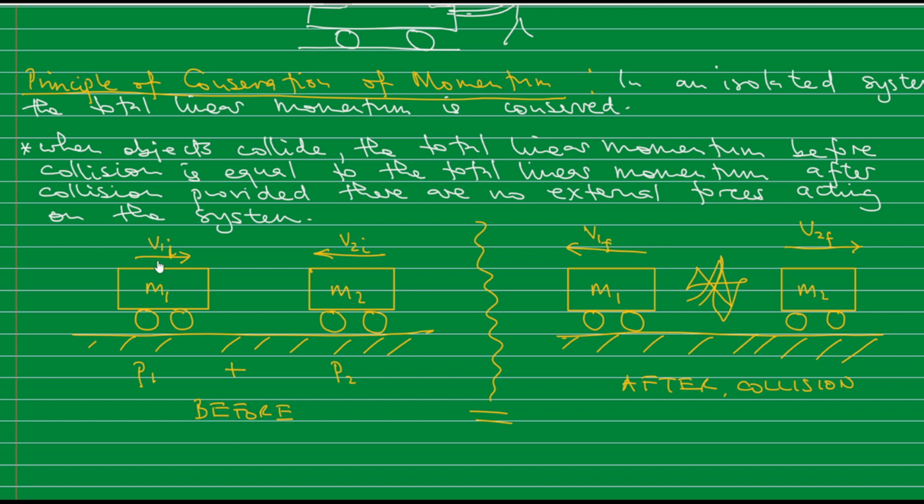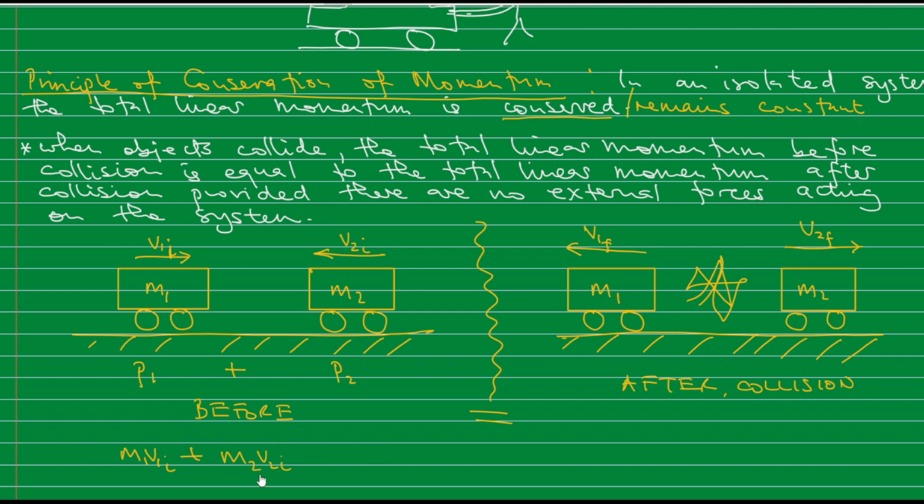So we can put this in a formula as M1 V1 initial, which means the initial momentum of trolley 1, plus the initial momentum of trolley 2, that is our total momentum. It is conserved. Conserved means it doesn't change, or you can put it as remains constant, or it remains the same.